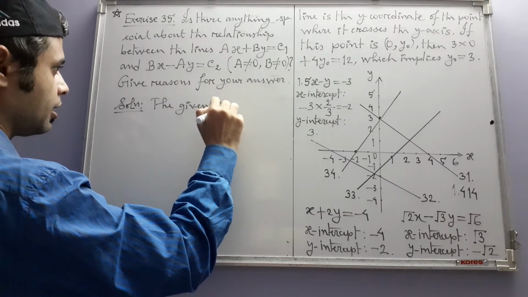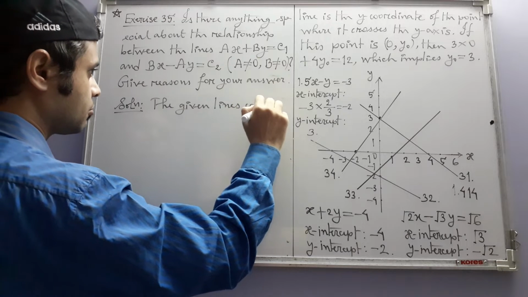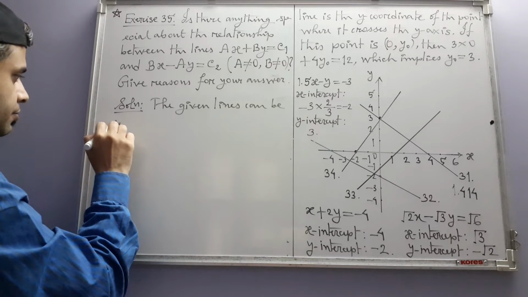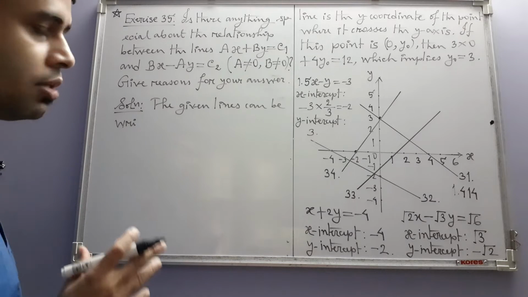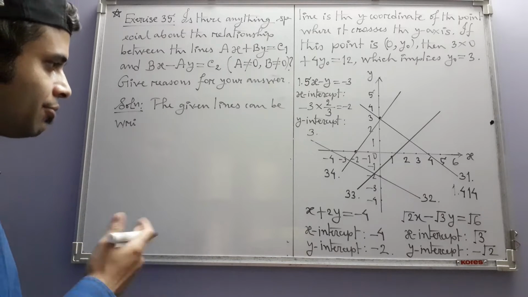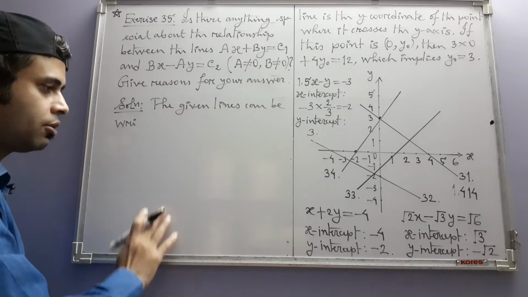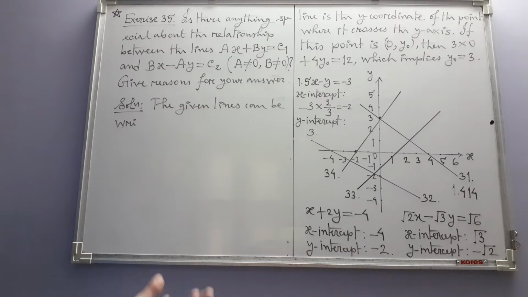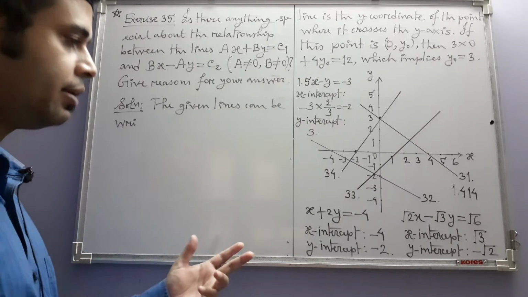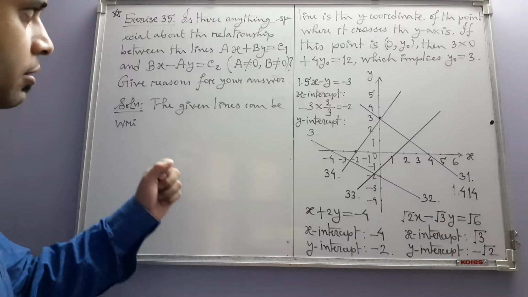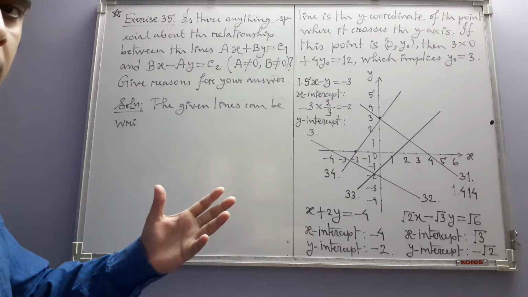The given lines can be written, meaning their equations can be written. Often when we will be talking about a line, we will not distinguish between the line as a geometric object and its equation, which is an algebraic object.